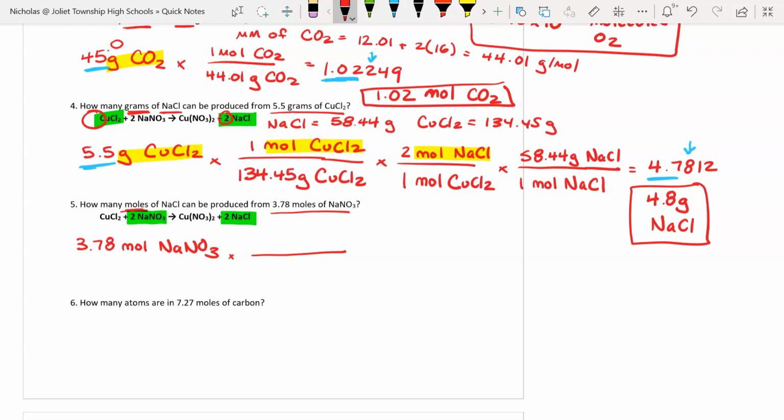So we're just going to do our mole ratio here. In the question, we're starting with sodium NO3. I think that's nitrate. So for every 2 moles, we have 2 moles of sodium chloride. You really don't even need to use your calculator here, because 2 over 2 is the same as 1 over 1. Any number times 1 is just going to be that number again.